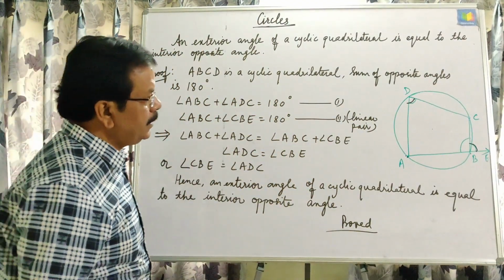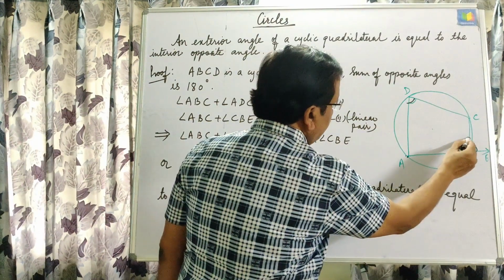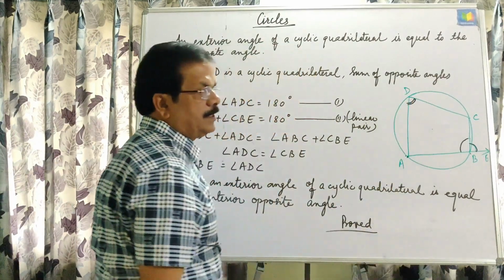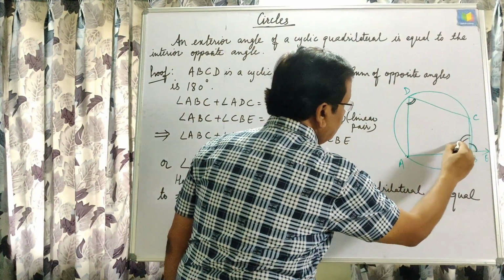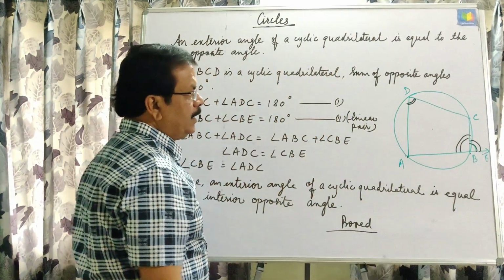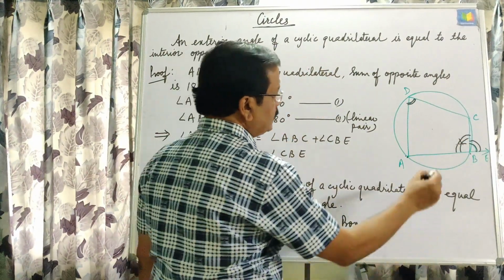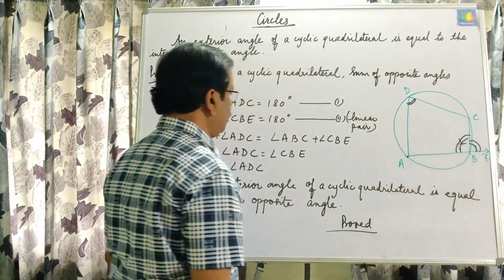By the property of a cyclic quadrilateral, this angle plus this angle is equal to 180, and by linear pair this angle plus this angle is equal to 180. This angle is common, and that is why it will be cancelled and this angle is equal to this. This is what we have to prove.